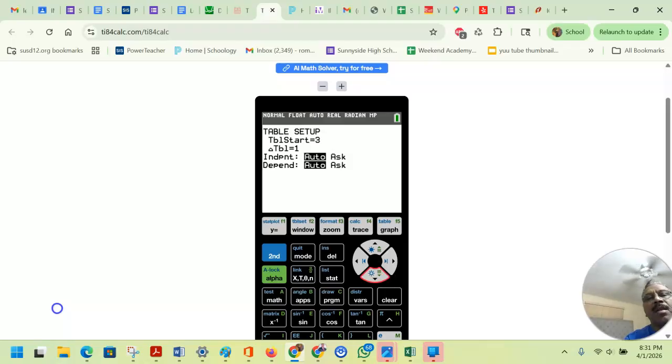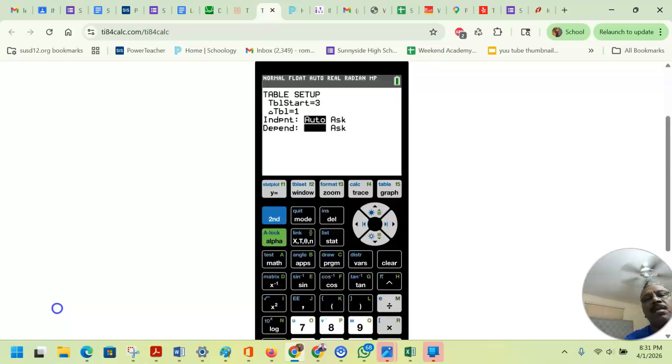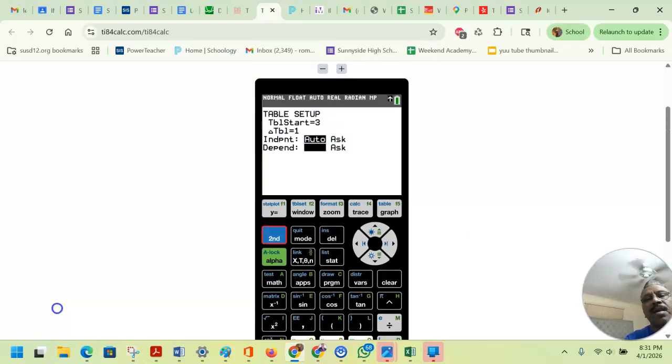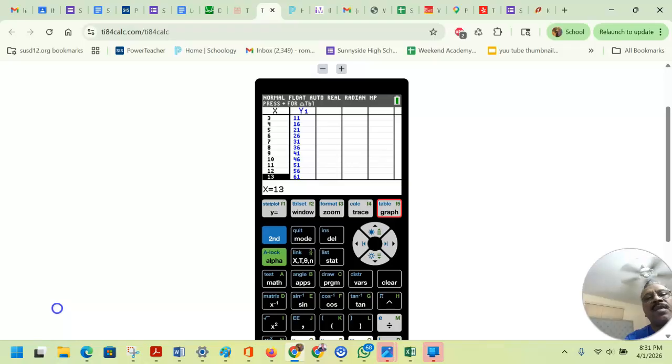And then independent, starting 3, and independent auto, this one will be auto and enter. Okay, see. And then you'll see the table, second table, and you can see it starts with the 3 here. Can you see this 3 here? And you can see it starts with 3.